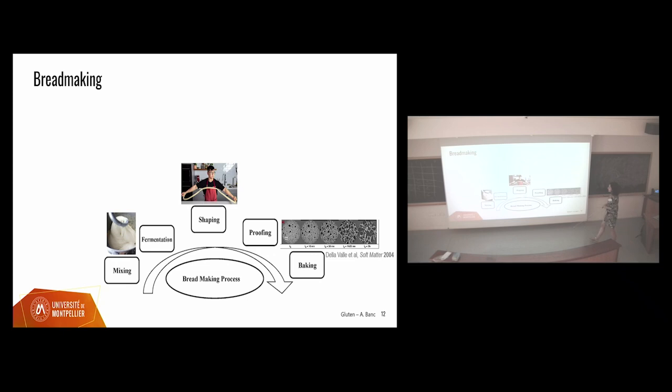The bread making process can be divided into five steps. First, there's the mixing of the flour with the water, the fermentation, the shaping, the proofing, with the creation of gas bubbles and the increase of the size of these bubbles, and finally the baking.